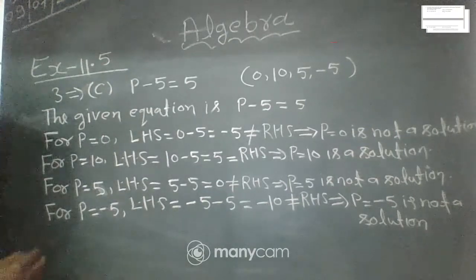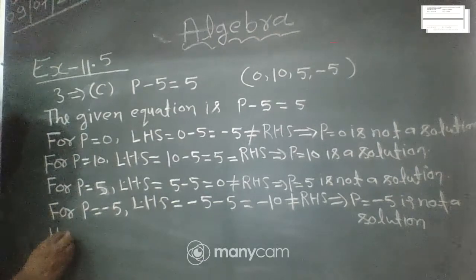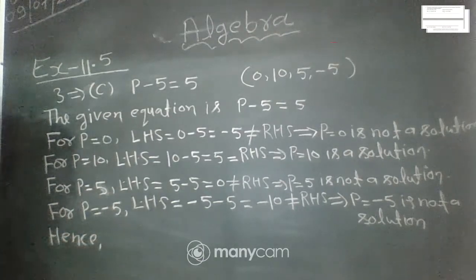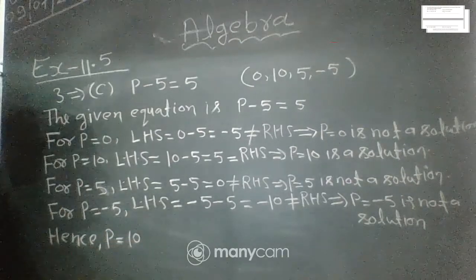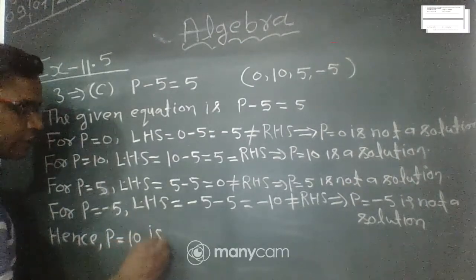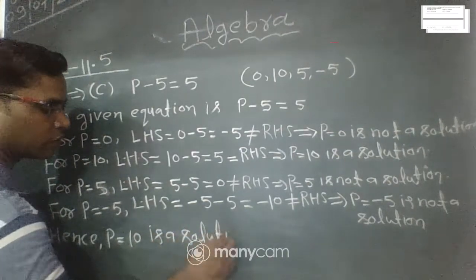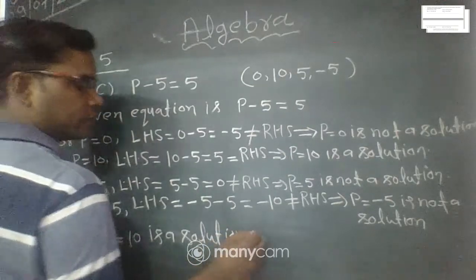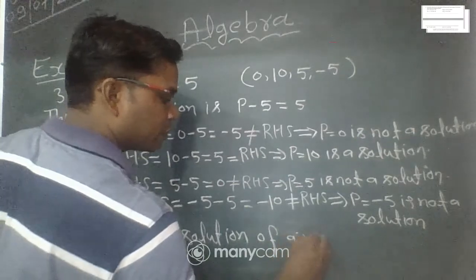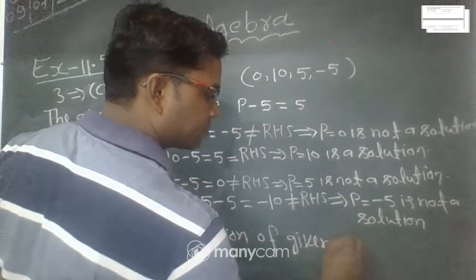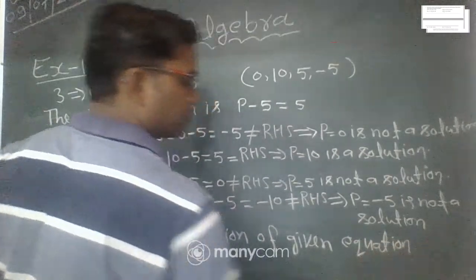So at last we can write, hence p is equal to 10 is a solution of the given equation. This is clear?